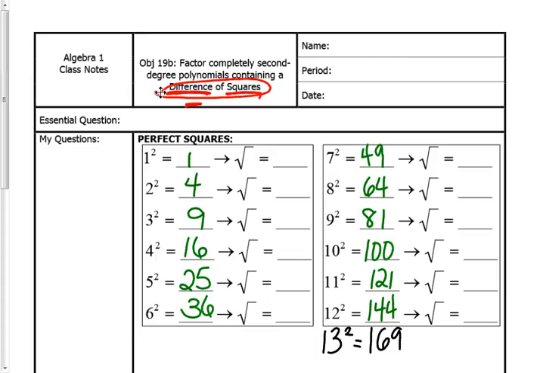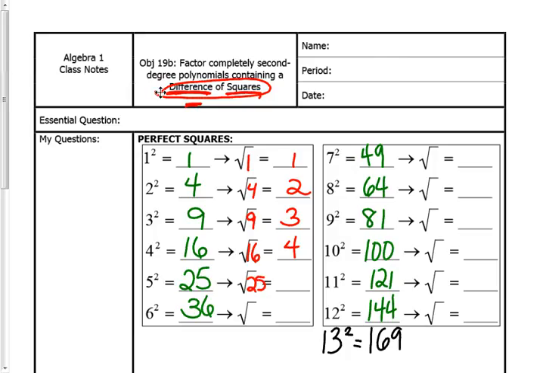So after we find the perfect square, if I took the square root of that number, I'm just going to end up with my original, right? So the square root of 1 is 1. The square root of 4 is 2. The square root of 9 is 3. Square root of 16 is 4. And you can continue that pattern there.